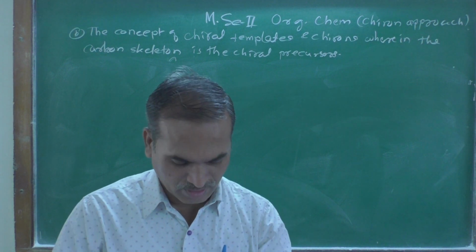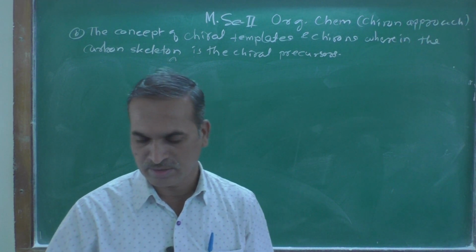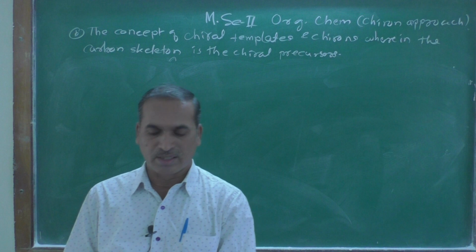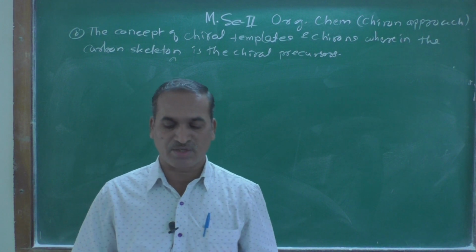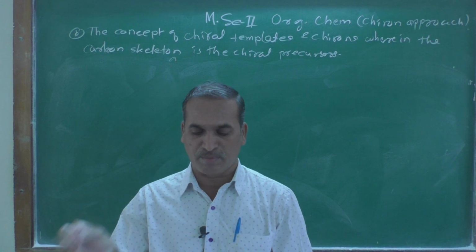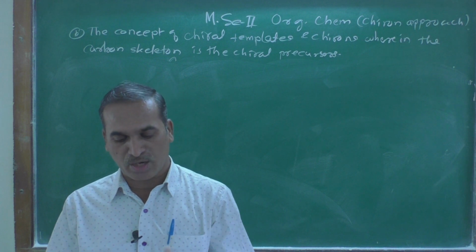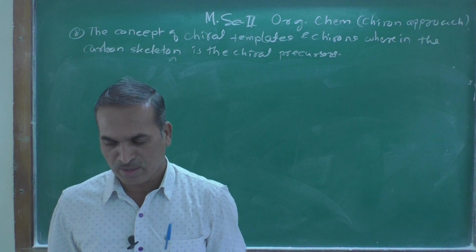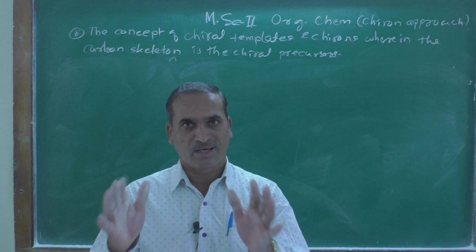Next time we will learn about the functionalization and control of stereochemistry by manipulating the hydroxyl group. How we can manipulate that one, we will see in the next lecture.